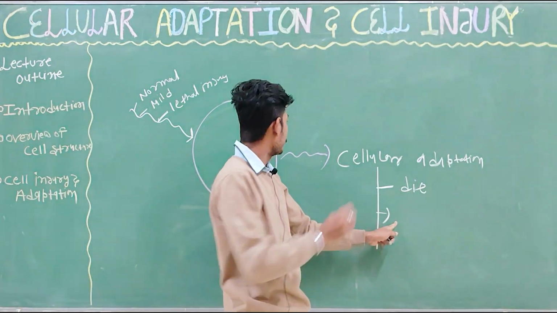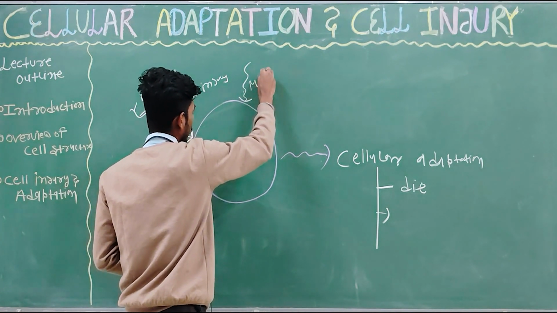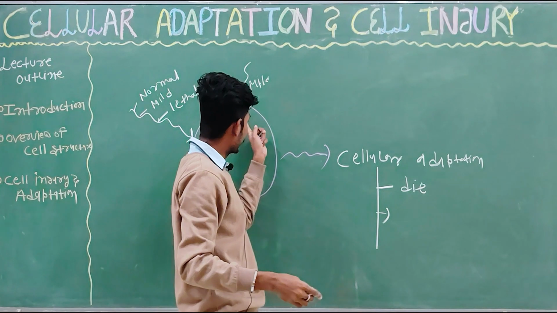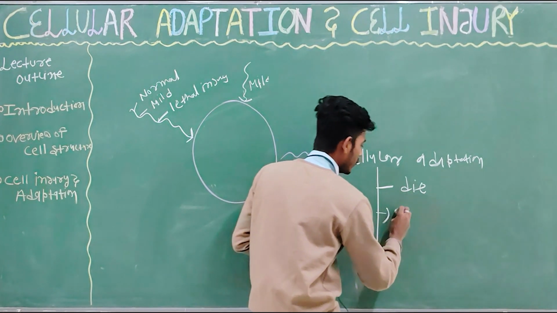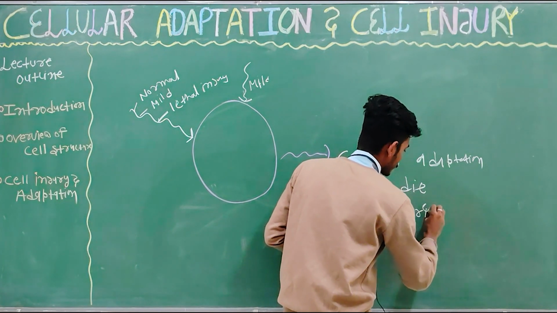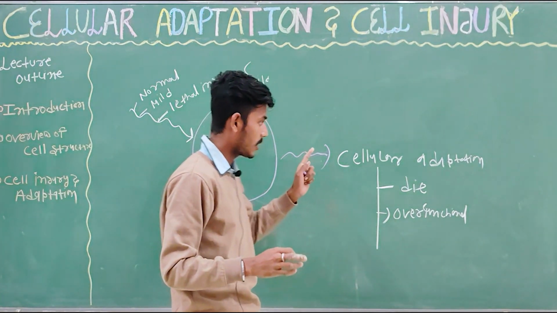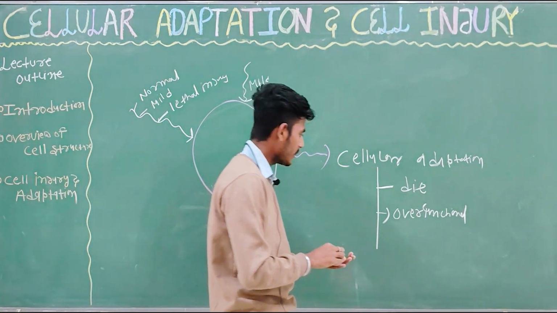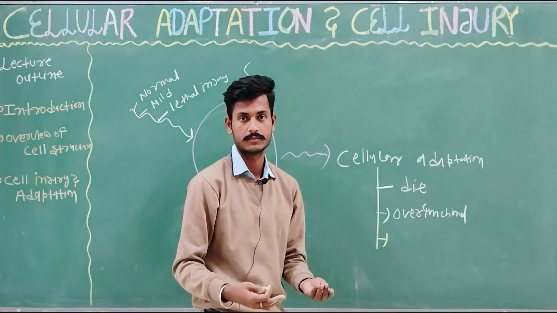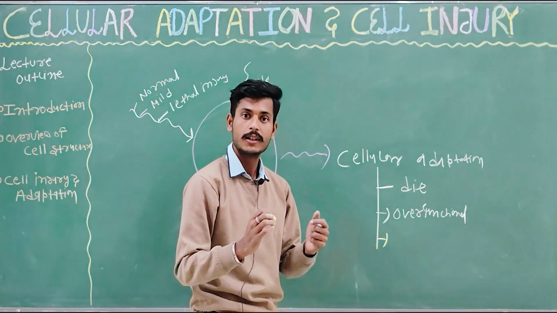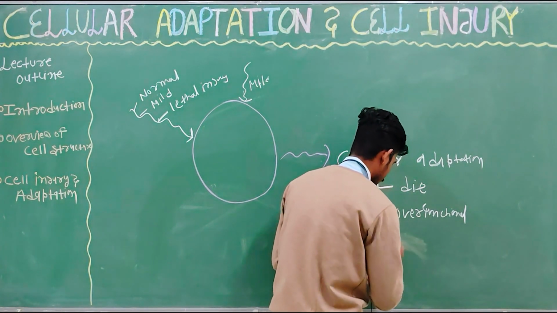Suppose the cell got a mild injury, then the cell can enhance its function and become over-functional. We are talking about cellular adaptation. Or another possibility is that the cell starts degenerating slowly. That is called degeneration.